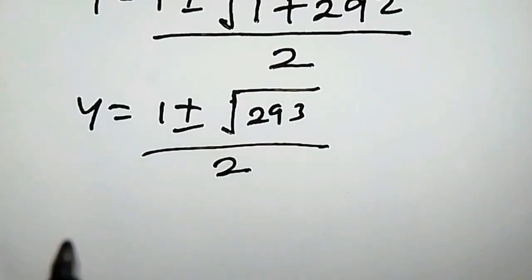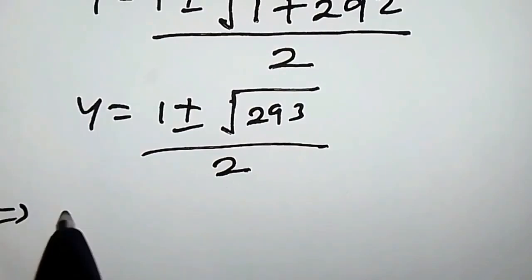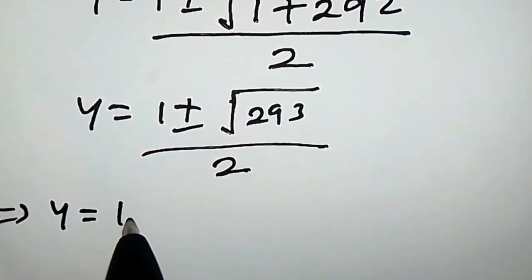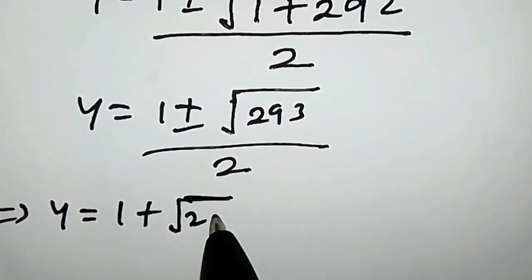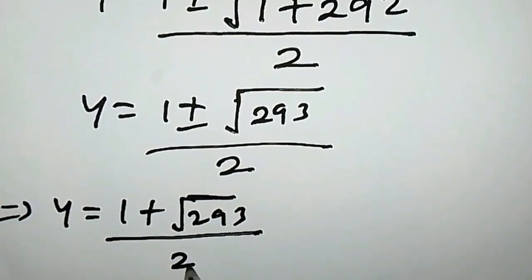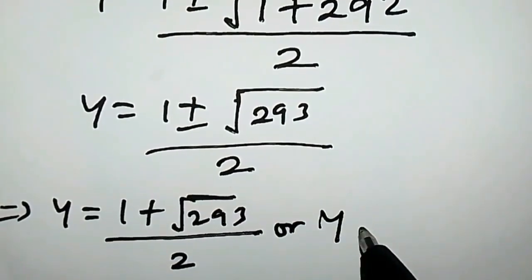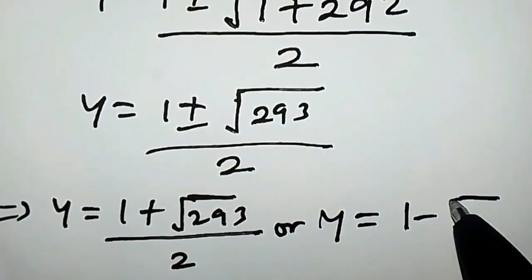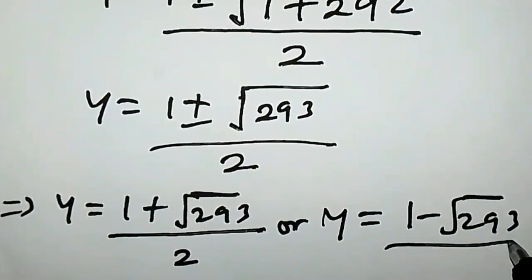This implies that y is equal to 1 plus root 293 divided by 2, or y equal to 1 minus root 293 divided by 2.